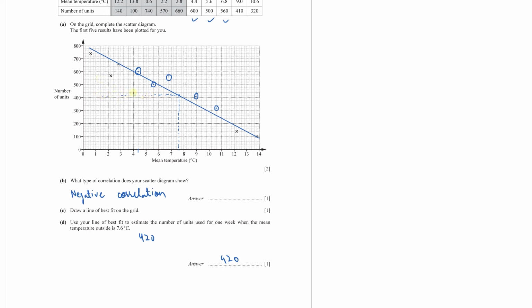Let me draw this correctly. So this line here is represented by 420 on the y-axis. So your answer would be 420.